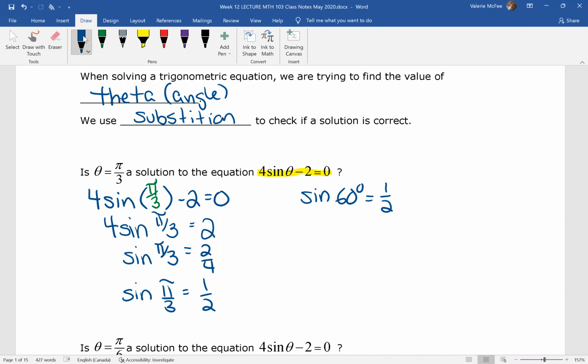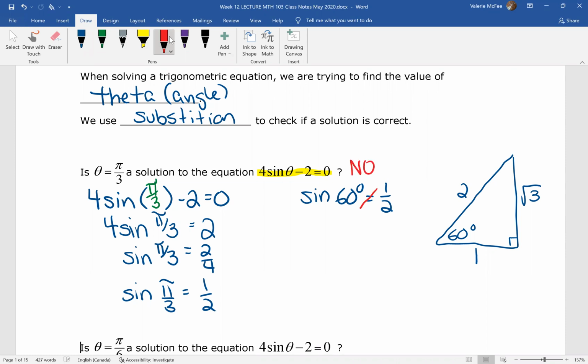Is this a true statement? Maybe you've memorized that point on the unit circle, you've memorized that table, or you use the triangle like I'm going to now. And we see that at 60 degrees, sine, y over r, is root 3 over 2. So the sine of 60 degrees does not equal 1/2. That means that this is not a solution.